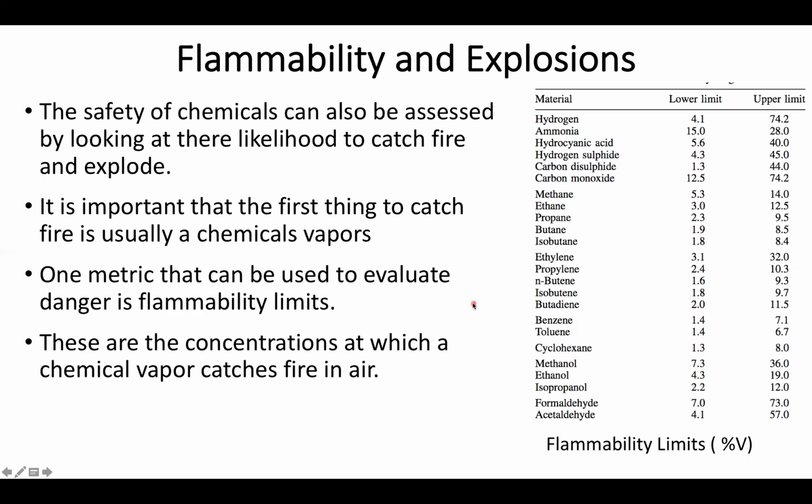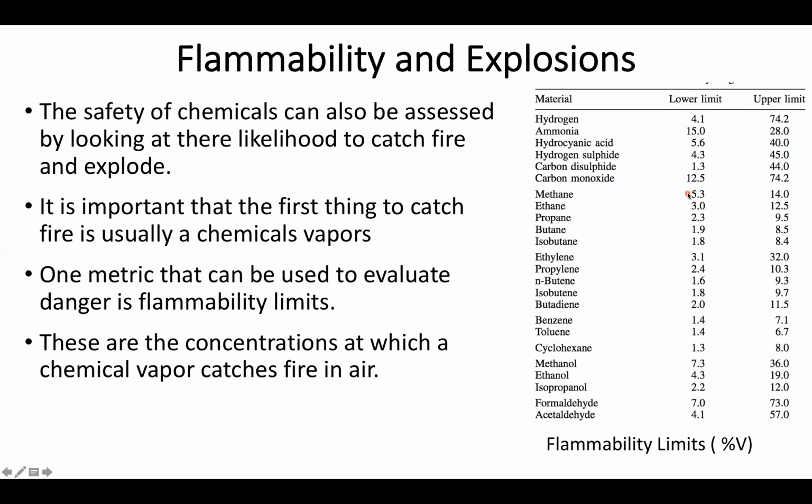There's going to be a minimum concentration at which any gas will catch fire. As you may notice, this typically ranges from about 1.4% for heavier compounds like benzene or toluene, all the way up to 10 to 15% for things such as ammonia, which are a little bit harder to catch fire.